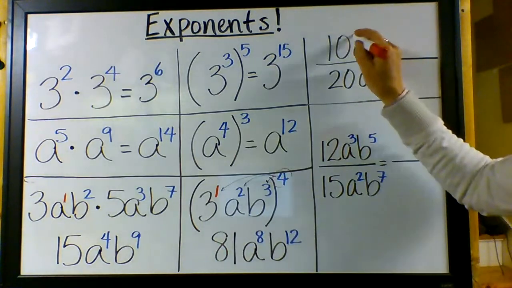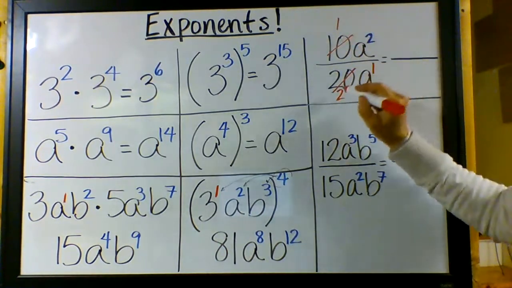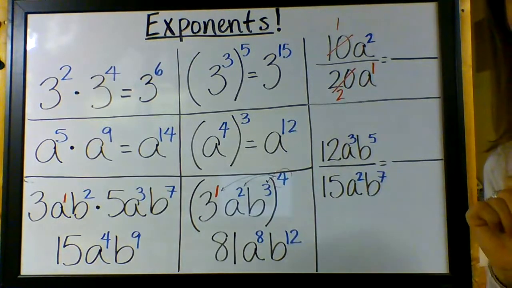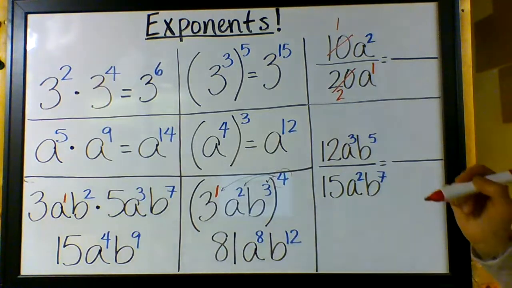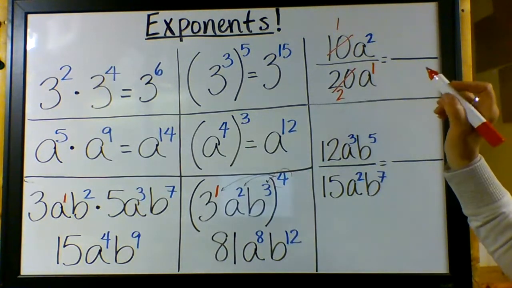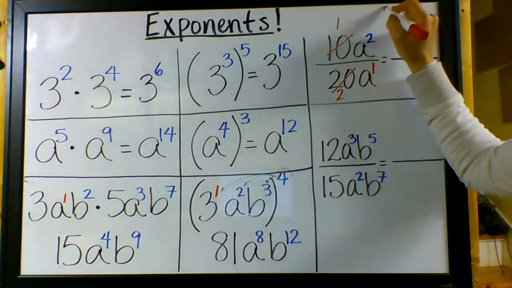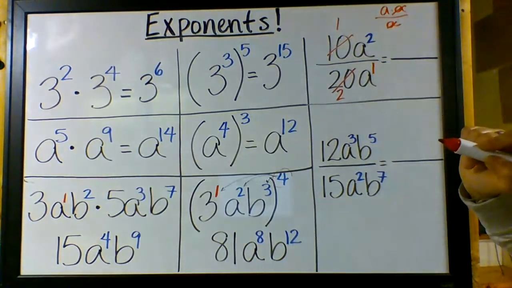So 10 and 20 reduce to 1 and 2, divide by 10, divide by 10. Recall that we divide the numerator and denominator by the same number. And then a squared over a. Well, that's very much like a squared, a times a over a, and one pair of those cancel.